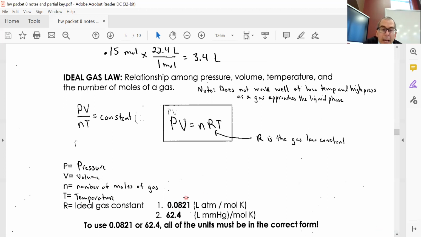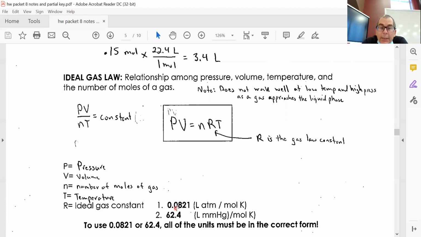Okay, and the ideal gas constant is, I think we had c, a constant for the speed of light. We also had Planck's constant, which links things together when we were talking about energy and frequency. Pi is a constant that's used when you're finding areas or circumferences of circles. So it just so happens that R has certain values.